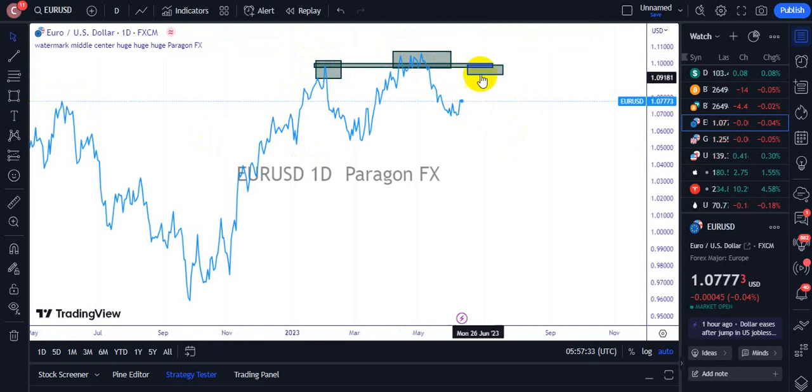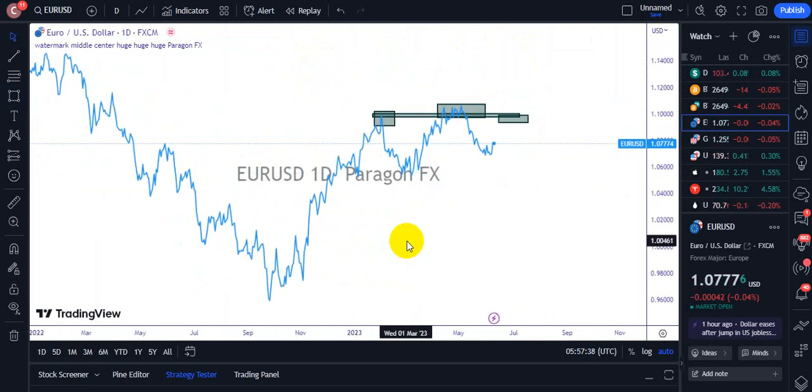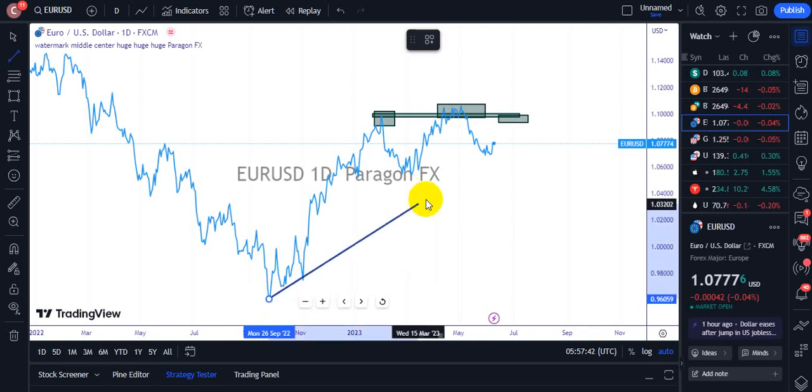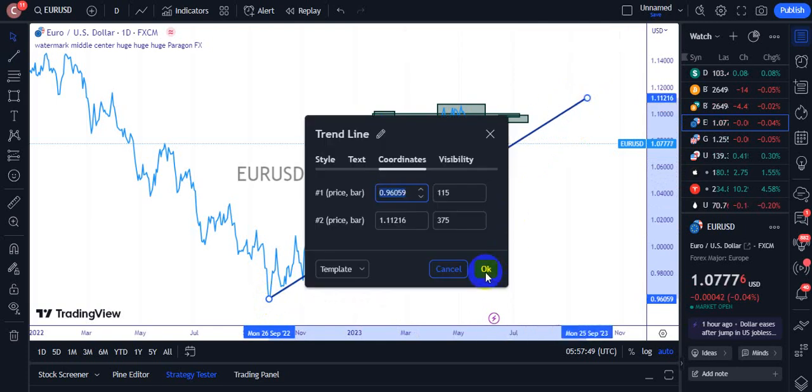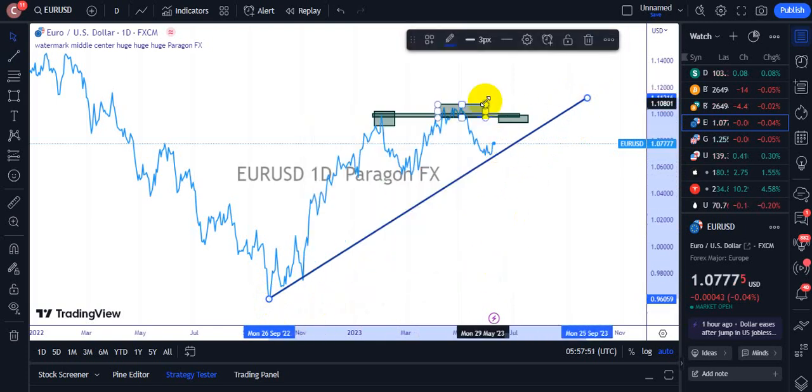This is a great supply zone in this area. Wait for buying, and this TL is also important.